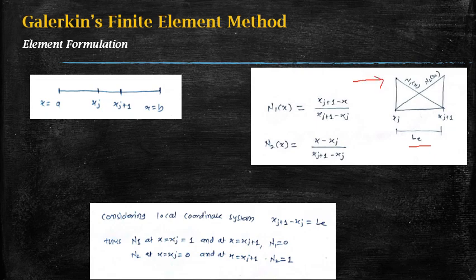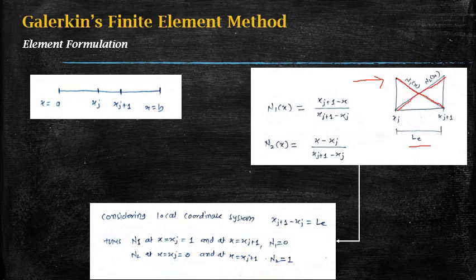You can easily see that, as I said earlier, for any interval xj to xj plus 1, only two of the interpolation functions that we have seen earlier are non-zero. So this N1 and N2 are overlapping portions of the previous interpolation functions that we have seen. So here N1 is varying like this, and here N2 is varying like this.